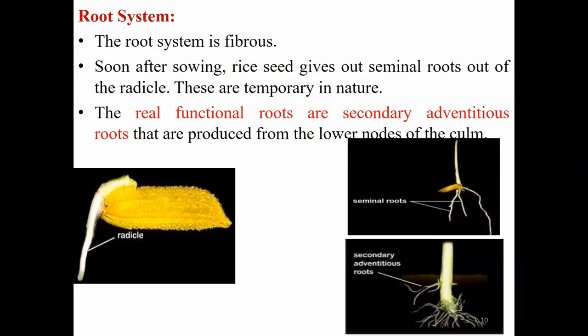Soon after sowing, rice seed gives out seminal roots from the radical. These are temporary in nature. The real functional roots are the secondary adventitious roots, produced from the lower nodes of the culm.